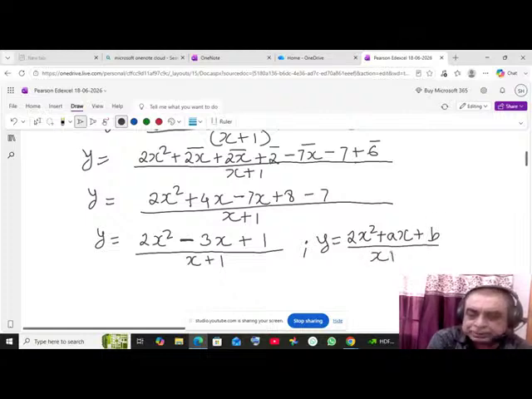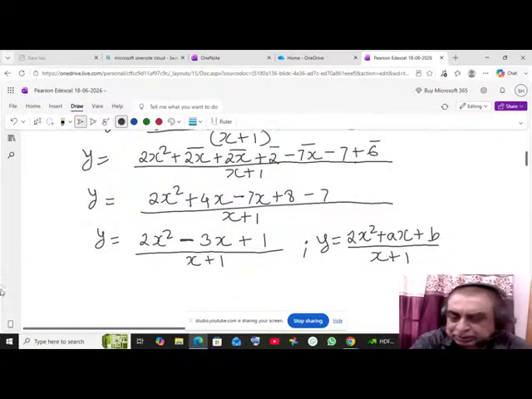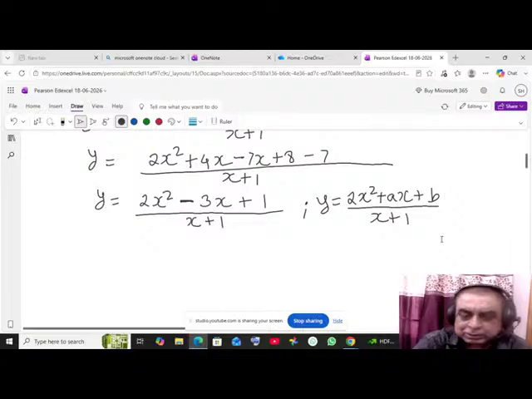Now you see, compare both these equations. The coefficients of the like terms will be equal in both expressions of y. So here it is the same type of equation.